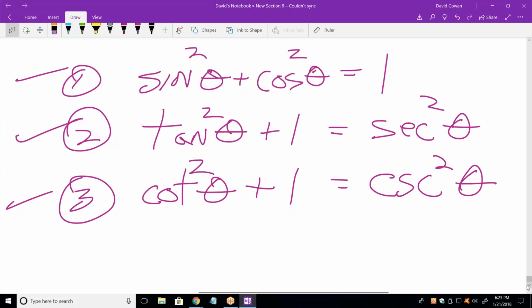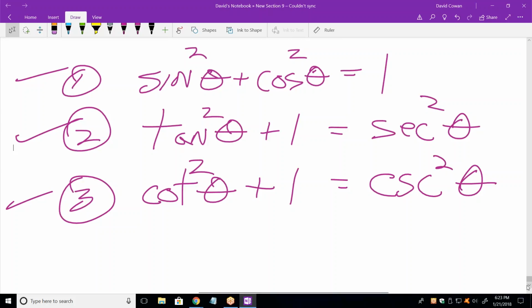The reciprocal of cosine? Secant. And the reciprocal of tangent? Cotangent. Which makes the reciprocal of secant what? Cosine. So there's your 6. In other words, the 3 that you've memorized and their partners. So that's 6 reciprocal relationships.